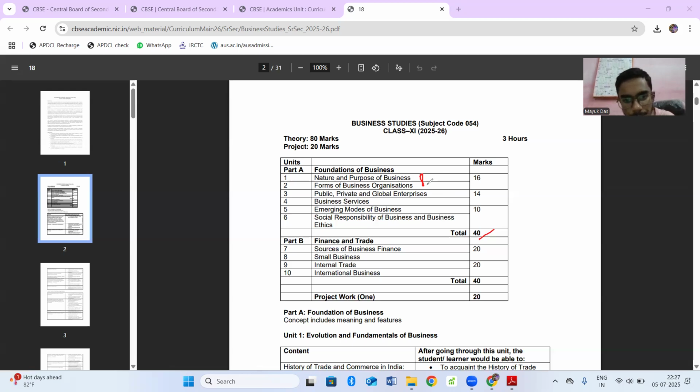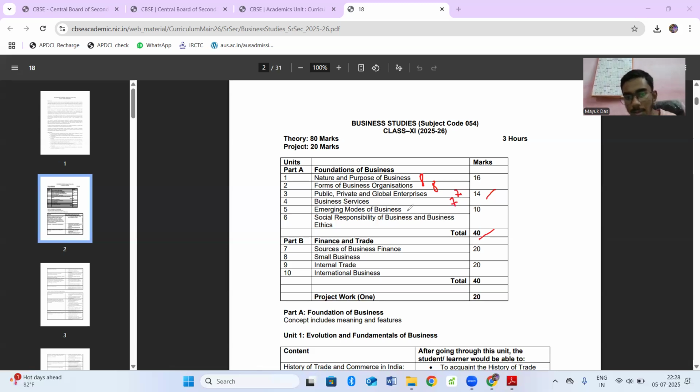Then chapter 3, public, private, and global enterprises, and chapter 4, business services, will carry 14 marks together. That means chapter 3 will carry 7 marks and chapter 4 will carry 7 marks.